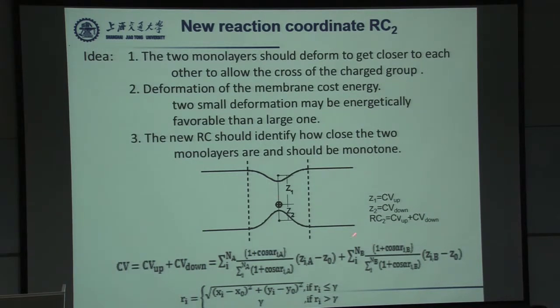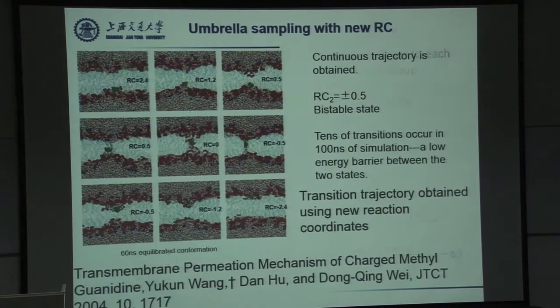So you have to define it, and actually it's very complicated. A reaction coordinate involves the other side of the protein, water, and also solvent. And water inside the membrane, you will see, is different from the water as a solvent.